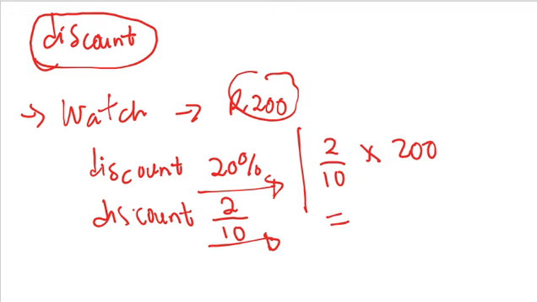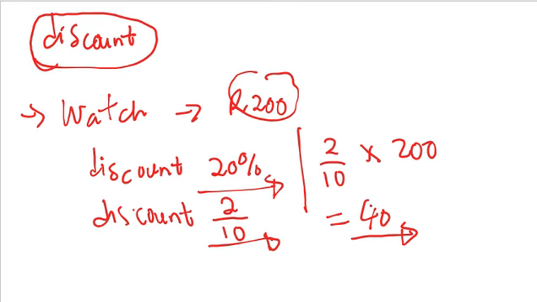So sometimes the discount cannot always be given as a percentage. They will sometimes give it as a fraction. When you multiply that, you're gonna get the same answer we discussed, which is 40 rand. So don't be amazed when they give you a fraction sometimes.